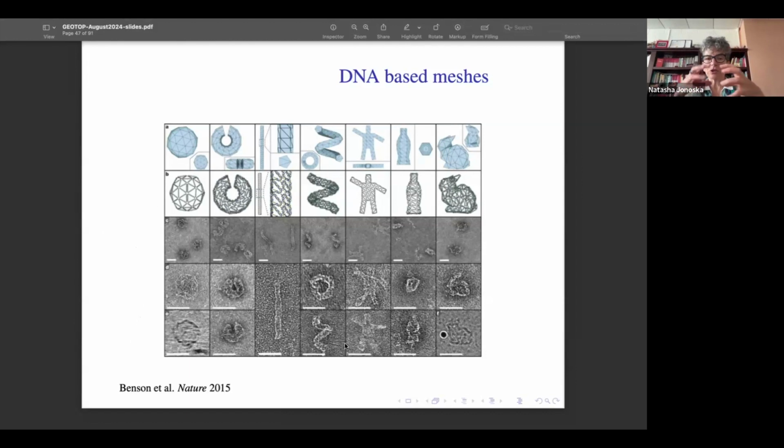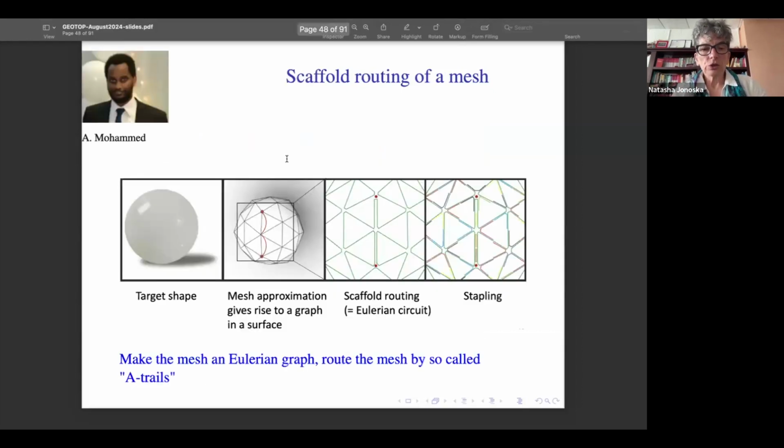So these are three-dimensional, like hollow things, right? They're all, in some sense, sitting on a ball. The way it was done, and this was done by Malik Mohammed, who ended up in our group as a postdoc.